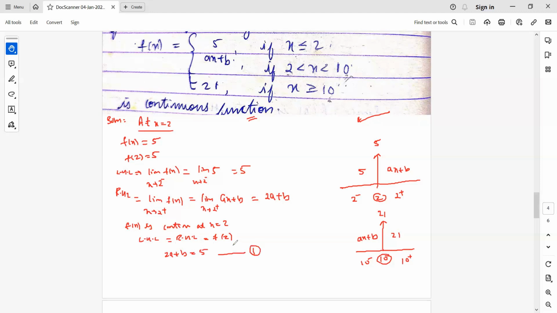So we have got equation 1 at x is equal to 2, that is 2a plus b is equal to 5. Similarly, now we need to get an equation by considering the point x is equal to 10 and try to simplify it. Pay attention, I'll solve it here.